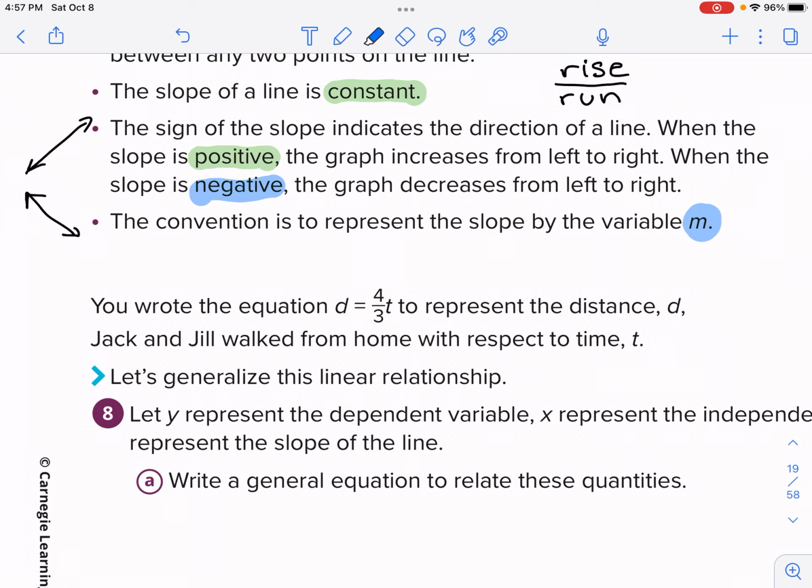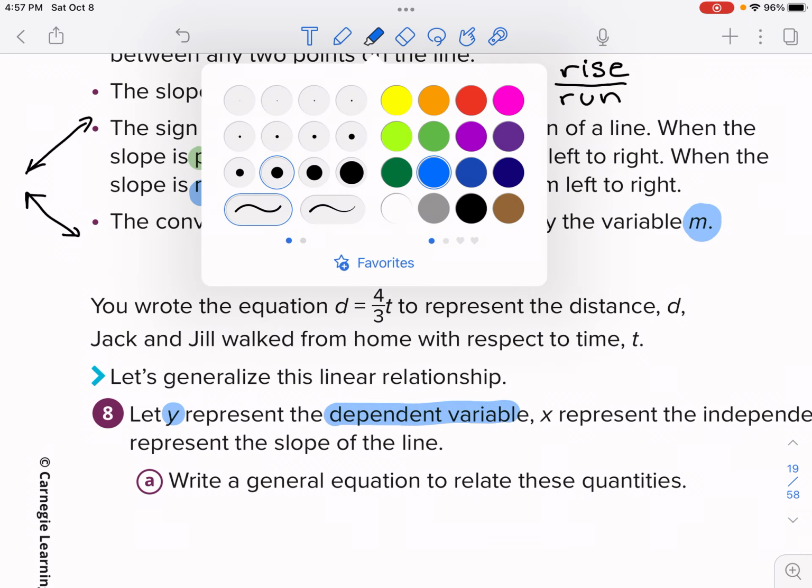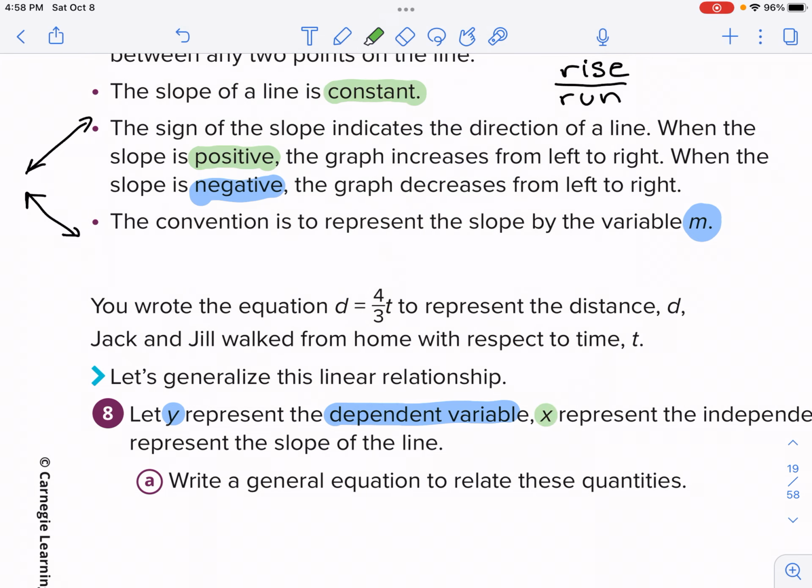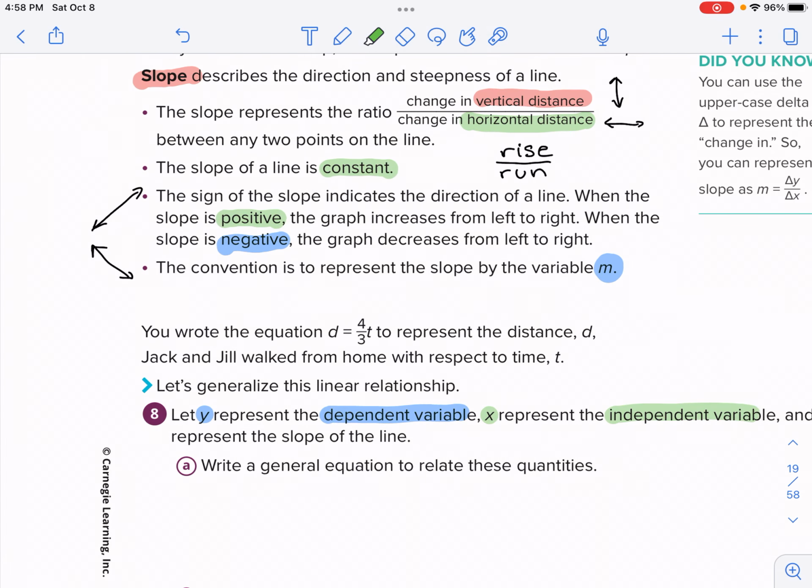Let's go and represent number 8. It says let y represent the dependent variable. We know that. Just underline if you don't have a highlighter. And x is going to represent the independent variable. We always talked about dependent over independent, so it's y over x. But we're going to write an equation here.